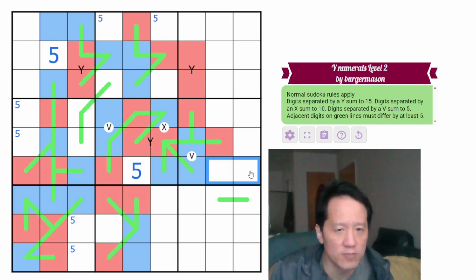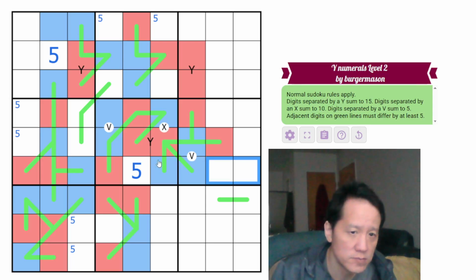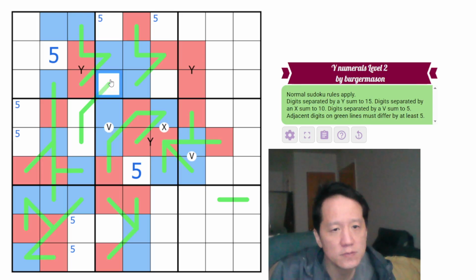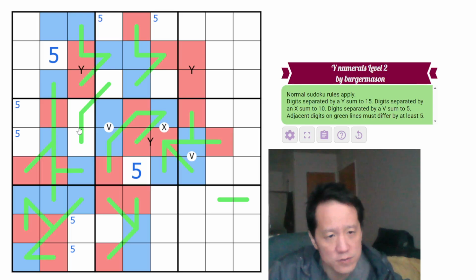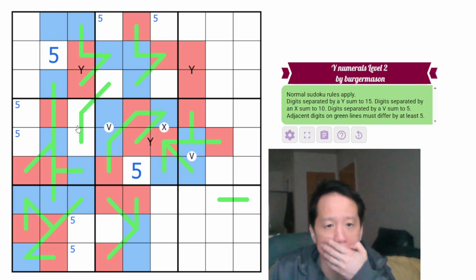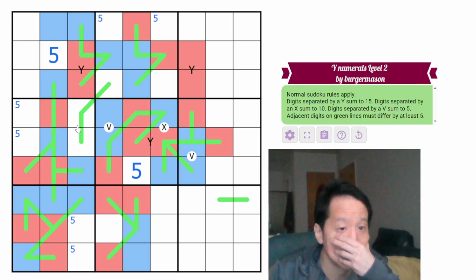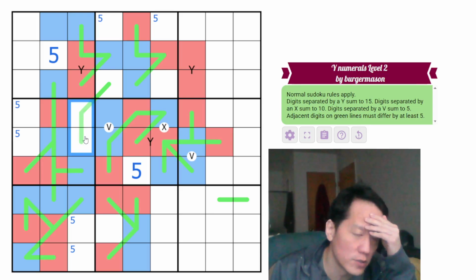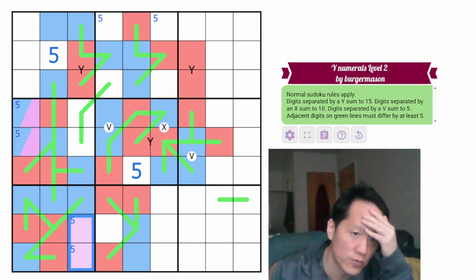One of these is high, one of these is low. We don't know the difference between those. We have one high here and one low here. So this one is 5 or low. This one is 5 or high.